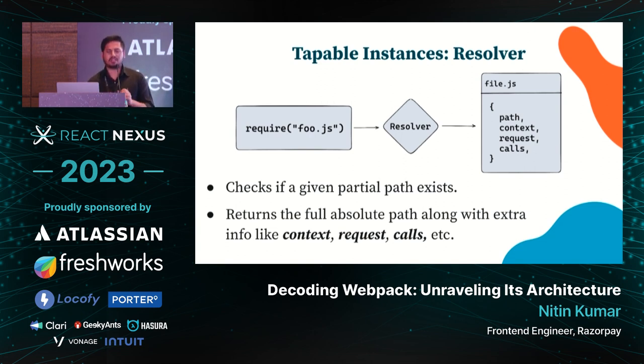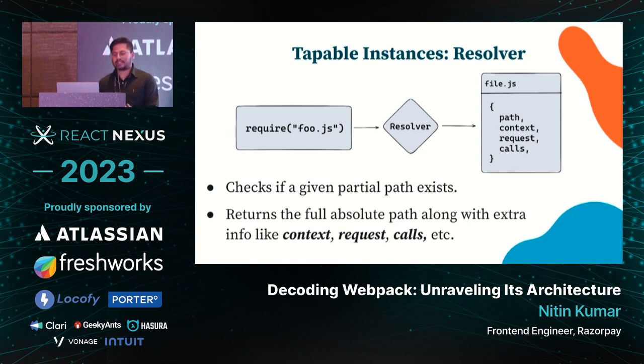You can find it under github.com/webpack/enhanced-resolve. So any of those module not found errors you have seen in Webpack are part of this resolver. So what does the resolver do? It checks if a given path exists in your file system or not. So for example, Webpack encounters a file and reads require foo.js in your code base.